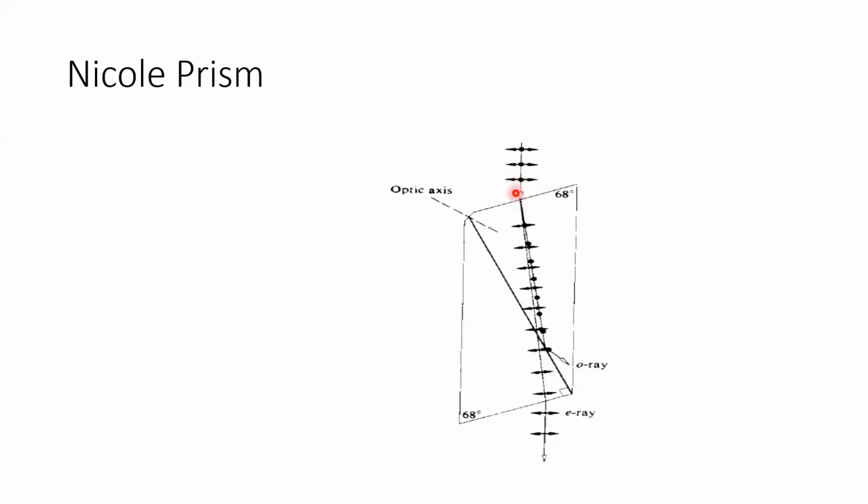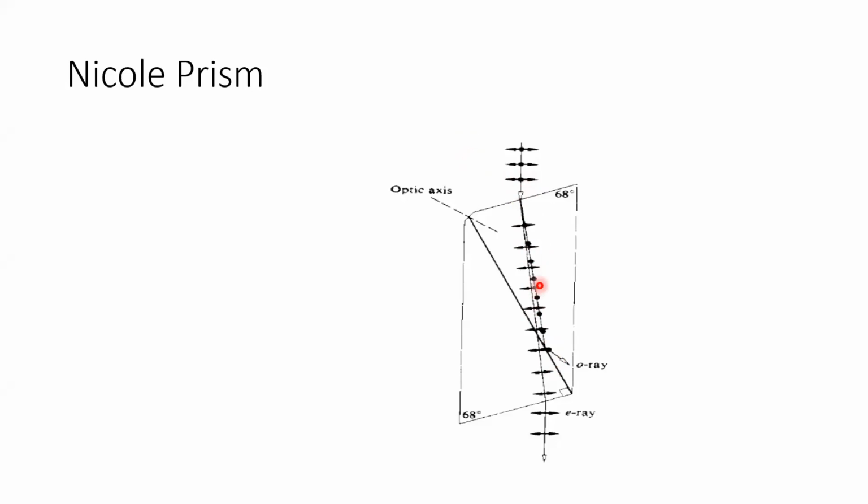There will be different angles of refraction depending upon the phase velocities, because the phase velocity of the O wave and E wave are different in general. So we have these two being separated out.